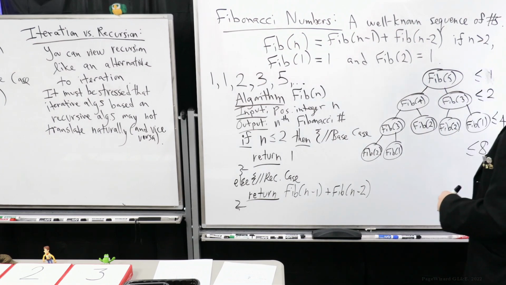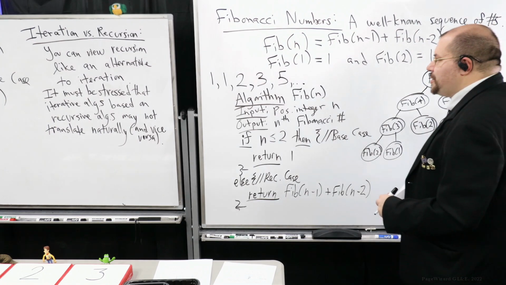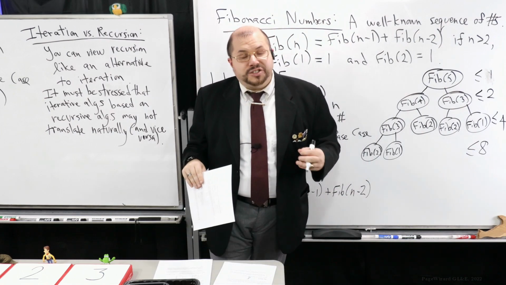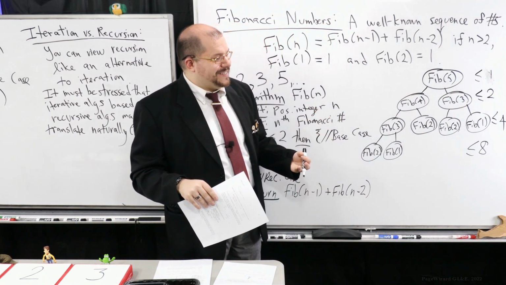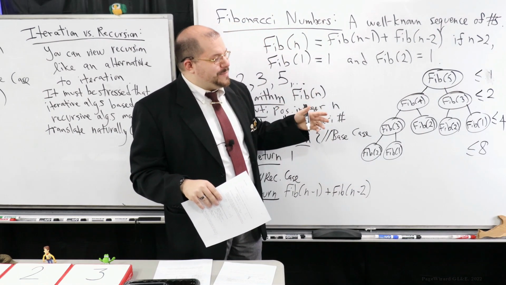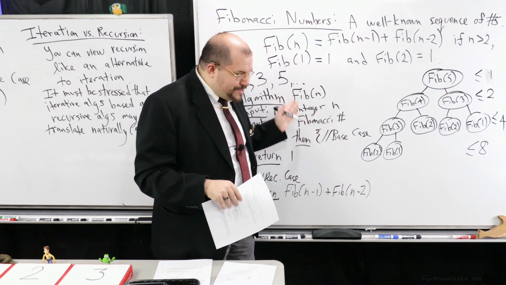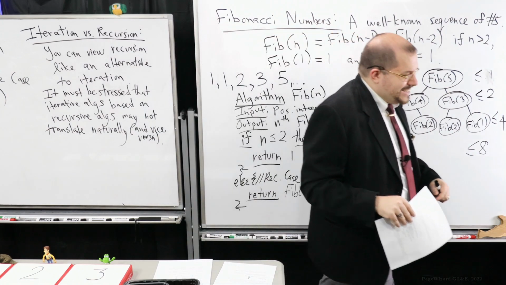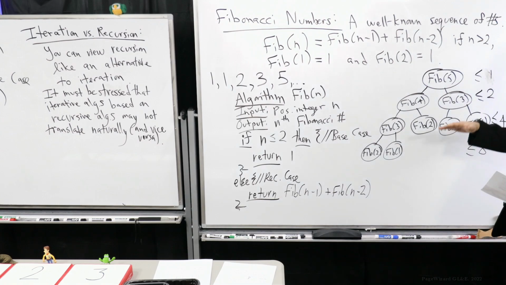Do you see that in this call tree, the number of calls that are occurring is growing exponentially? So naturally, you might ask, Dan, what does the running time of this recursive algorithm look like? It's not pretty. It's not pretty. This runs in exponential time.